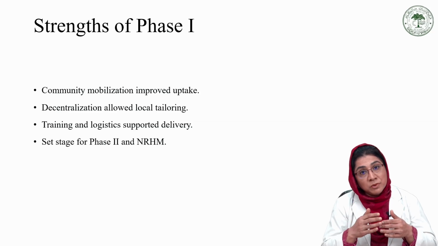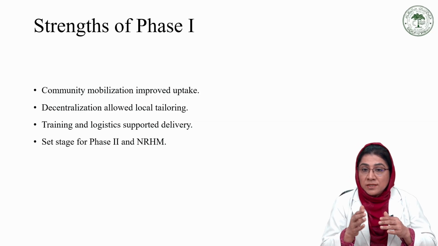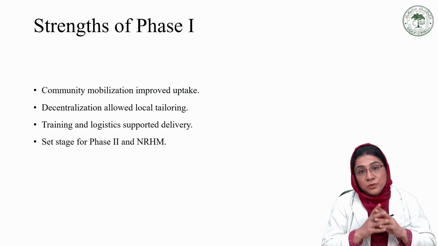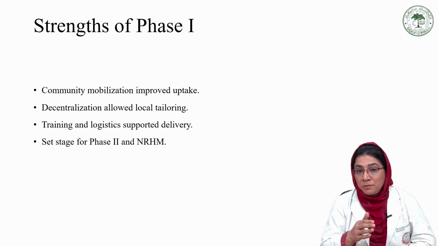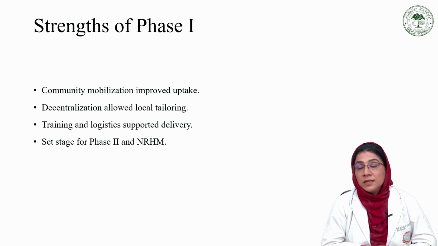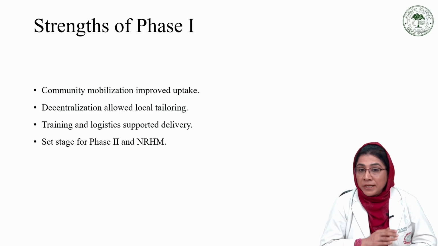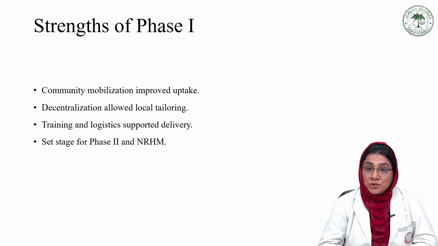It gave ownership of the program to the community. Training and logistics improvements supported routine delivery of care. Client feedback helped identify gaps in respectful services. These strengths informed later quality initiatives. The lesson is that systems improve when communities and providers solve problems together.